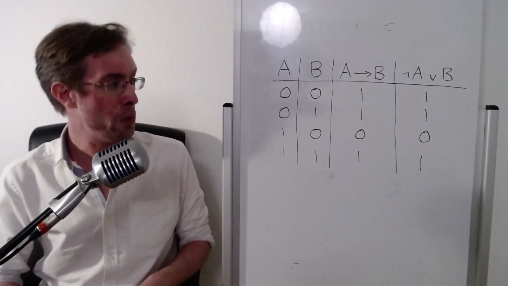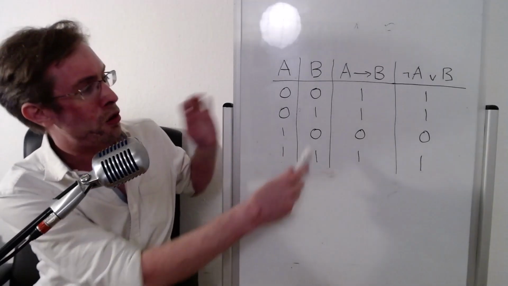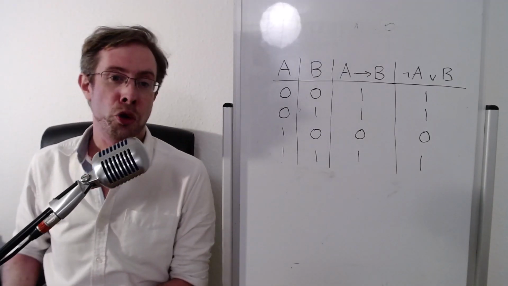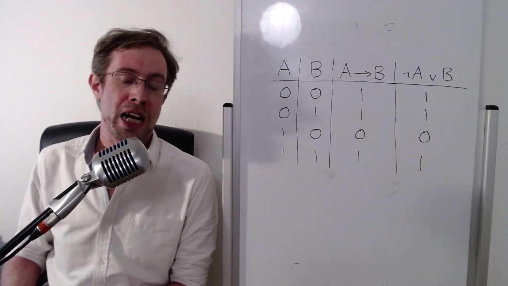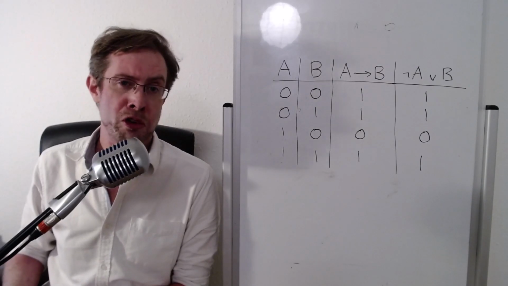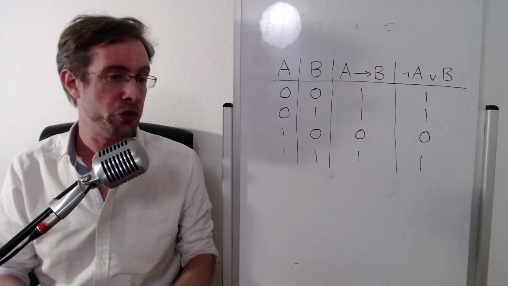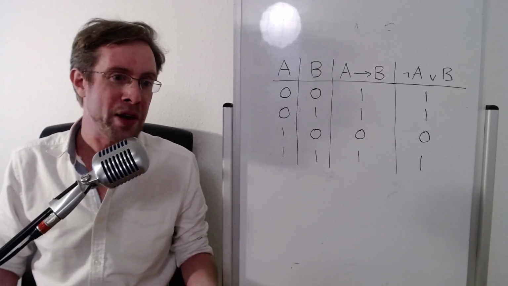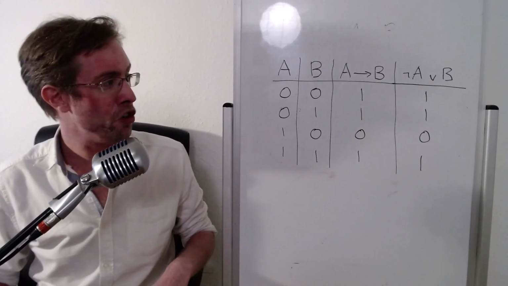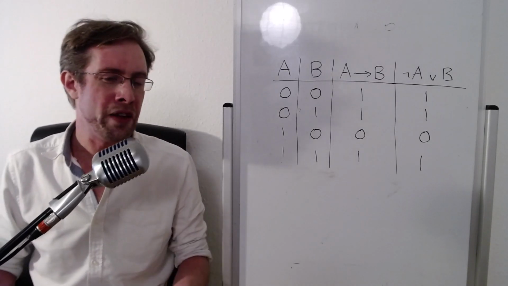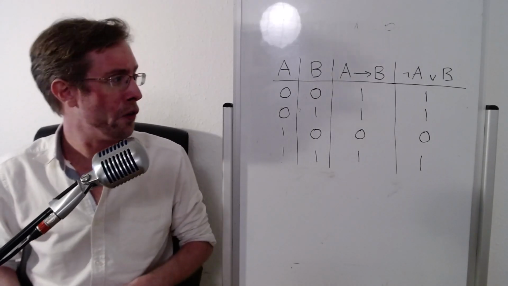So the moon is made of cheese is a false statement, an example of our B. If I say, if I'm wearing glasses, then the moon is made of cheese, that is obviously a false statement. It's false because I am wearing glasses, but the moon is definitely not made of cheese. You can't say if one, then the other, because you have one, but not the other.